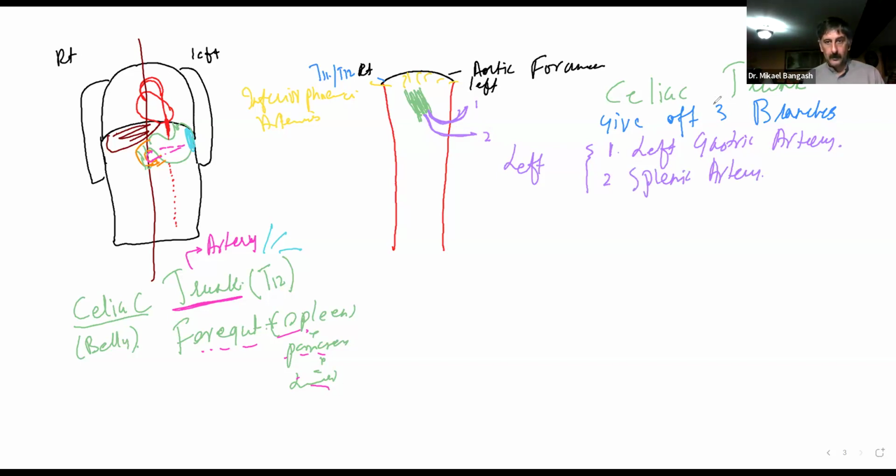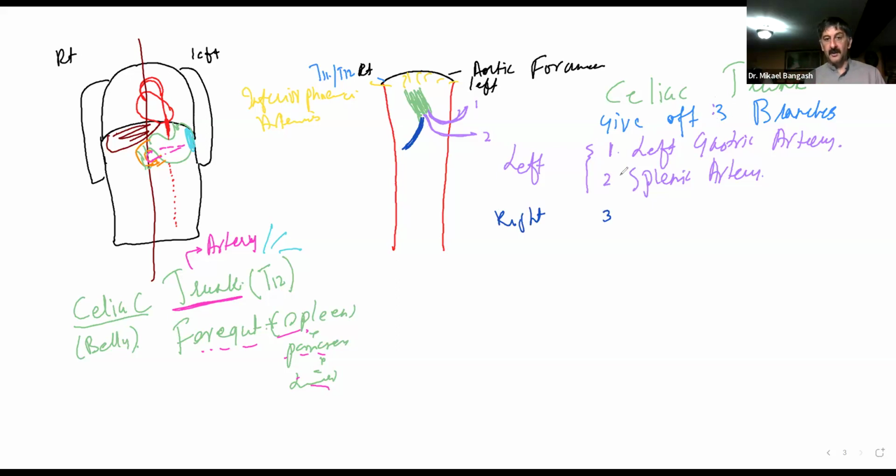So 2 of the 3 branches were left, and the other branch that your celiac trunk is going to give off is going to be right. Now this 1, 2, and 3, these are not official numbers.